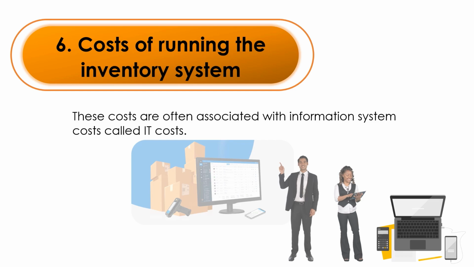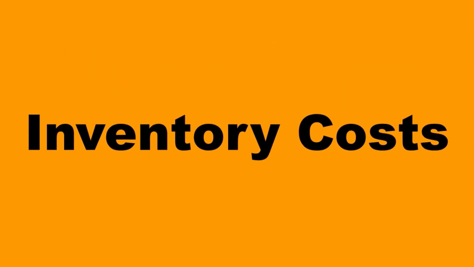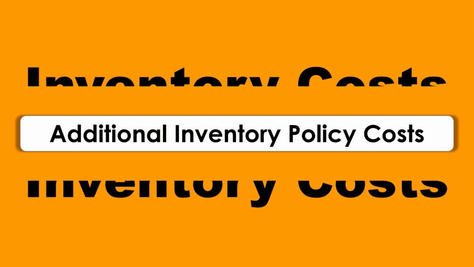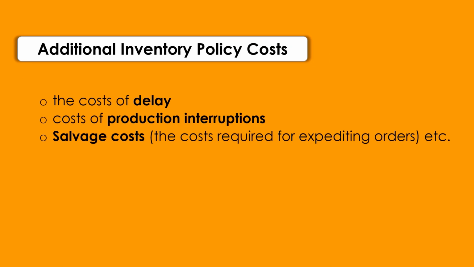This includes maybe software licenses, the trainings provided for the employees in the organization, and the IT support. So we have here additional inventory policy costs. There are the costs for delay, costs for production interruptions, and salvage costs, or the cost required for expediting orders.